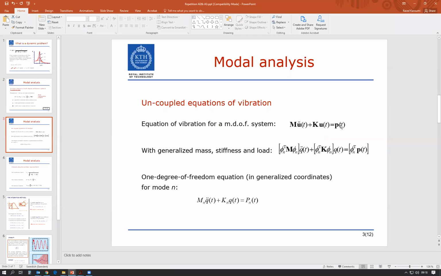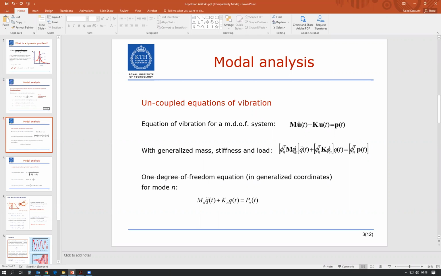And then one way of doing this is to uncouple the equation of motion. The way of doing this is pre-multiplying and post-multiplying with the mode shape n. Due to the orthogonality properties of the mode shapes, if you take the multiplication of two different mode shapes, it will give a zero number.